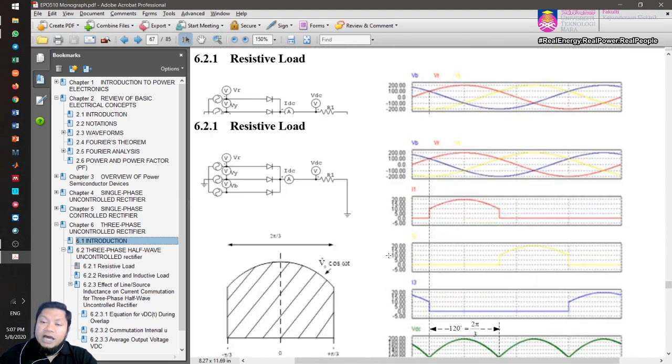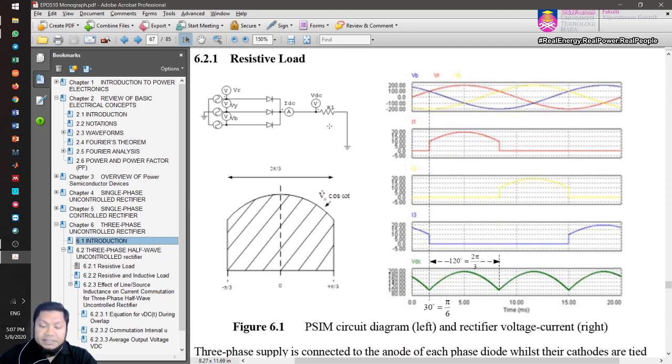And what about the output current? Again, this is a resistor, so it is simply V over R. The output current will follow the output voltage waveform, but scaled down by a factor of R. So if you look at the current, this is current I1, the current through diode 1.